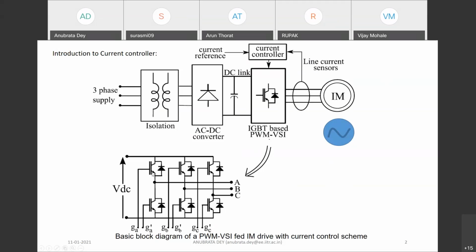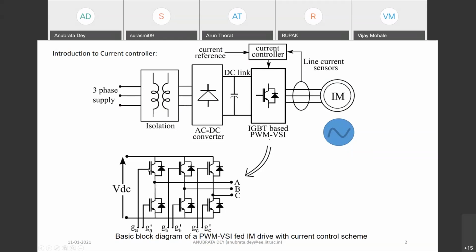Each leg has a top switch and a bottom switch, and their respective gating signals are GA and GA dash. These are complementary. You cannot short them, so you cannot give the same output signal to the top and bottom switches. It has to be complementary, and there should also be a dead time between them, in order to avoid shorting of the DC link.